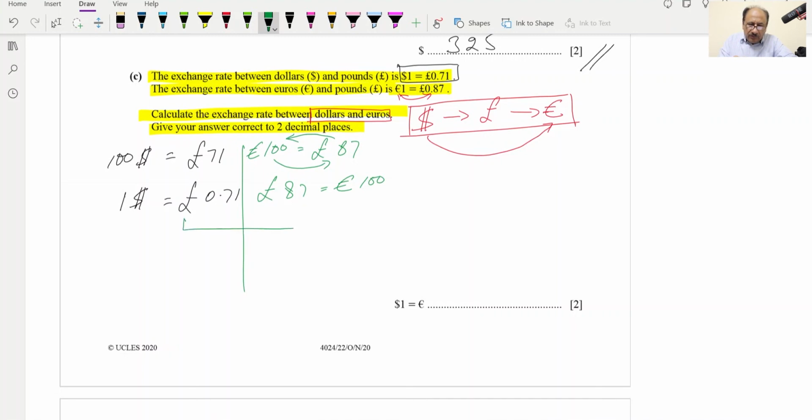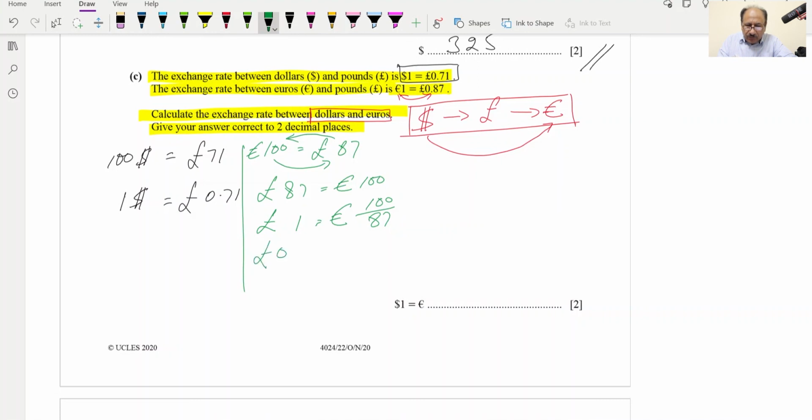Now we have pound in the middle, so our target is to get pound in the middle. If this side is 1 pound, it will be equal to 100 divided by 87. We have shifted this 87 to this side. But we require this as 0.71, so we multiply both sides by 0.71.